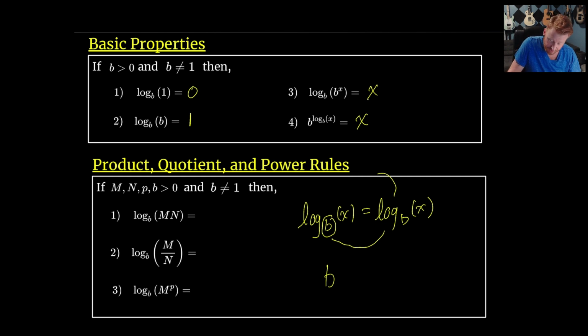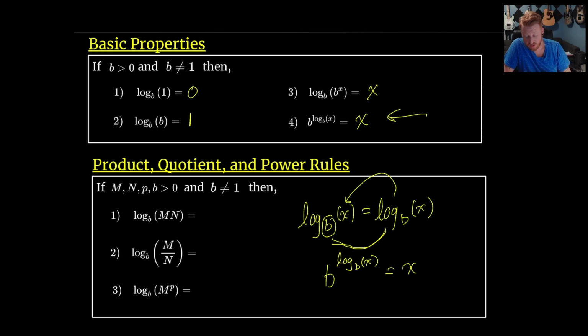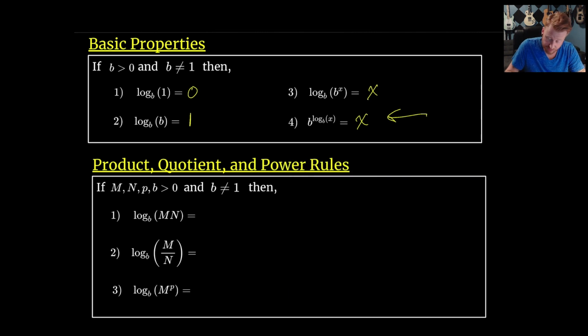And then we can think about making this loop, and this says that b raised to the log base b of x is equal to x, which is what we started with. So starting with something that we know is definitely true, setting the same thing equal to itself, and then doing this legit visual maneuver to put it in its other form, shows us that we get exactly what we hoped for there. So that helps satisfy me a little bit more than just thinking about these things as inverses.